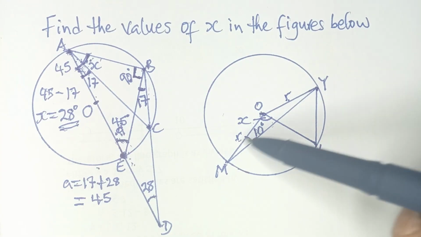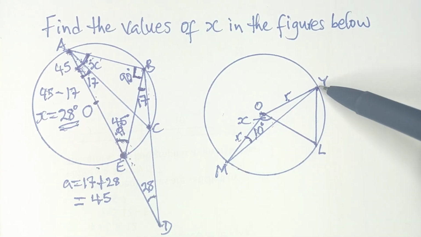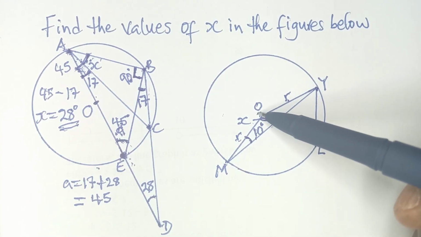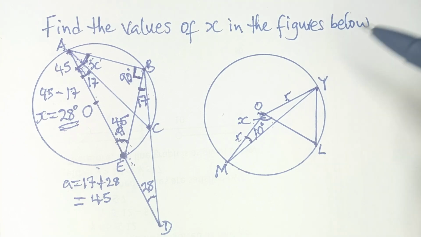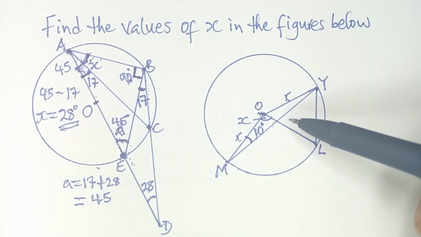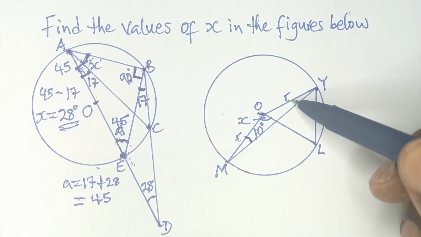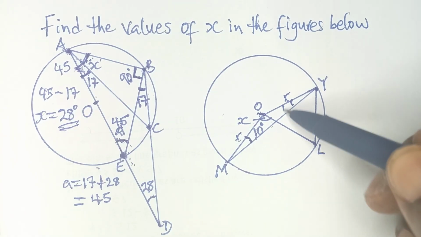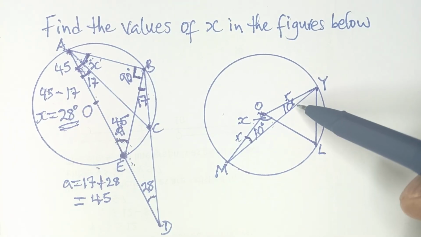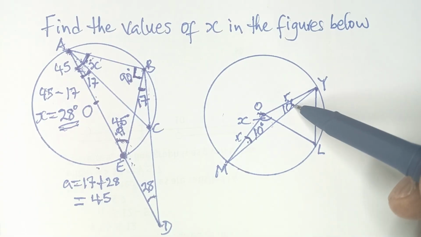So the triangle OMY is an isosceles triangle. And the base angles of an isosceles triangle are equal. So if this is 10, it means that this angle here is also 10 degrees, because the base angles of an isosceles triangle are equal.